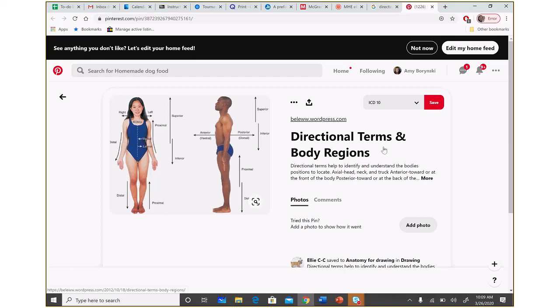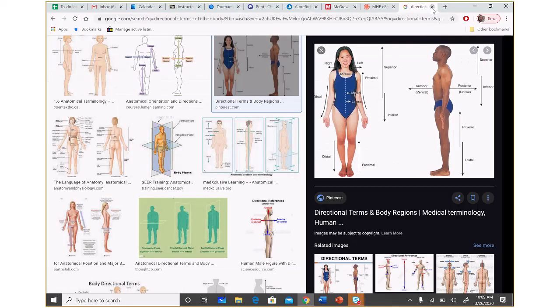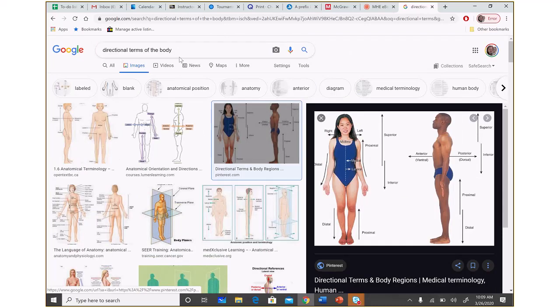And again, no worries. The more you play either the games or just use them in the homeworks, it starts to fall together. All right, then the last terms, which I think are actually pretty easy, are superficial versus deep. So a superficial wound would be where? Above. Yeah, so just at the surface of the body.